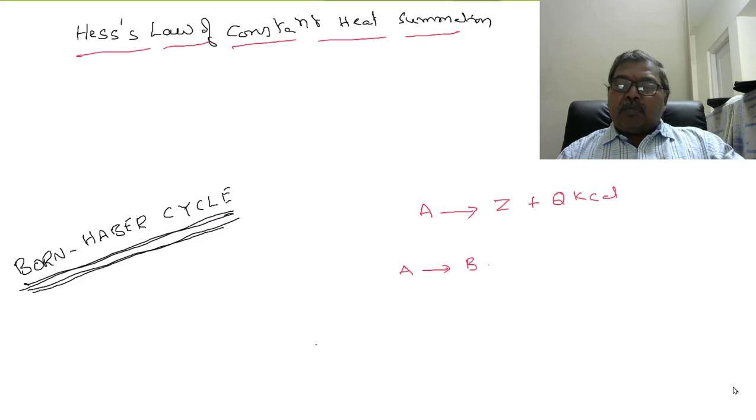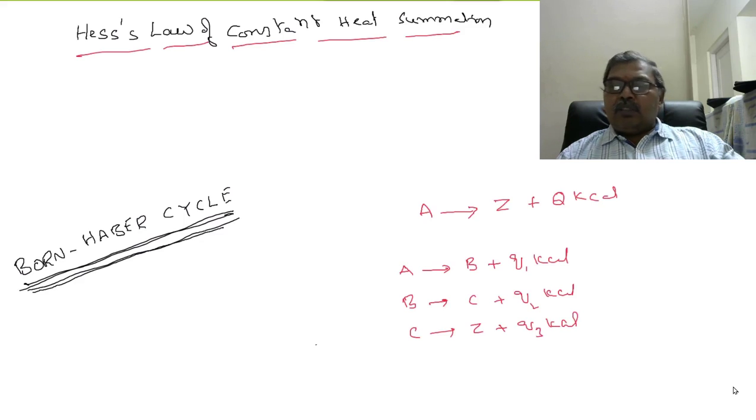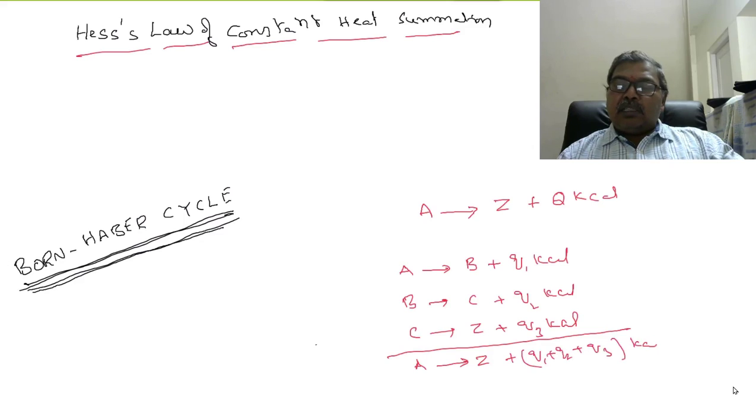A gives rise to B, Q1 kilocalories of heat is released. B gives rise to C, Q2 kilocalories of heat is released. C to Z, Q3 kilocalories of heat is released. Now, what is the overall reaction here? Again, A to Z plus Q1 plus Q2 plus Q3 kilocalories of heat is released.